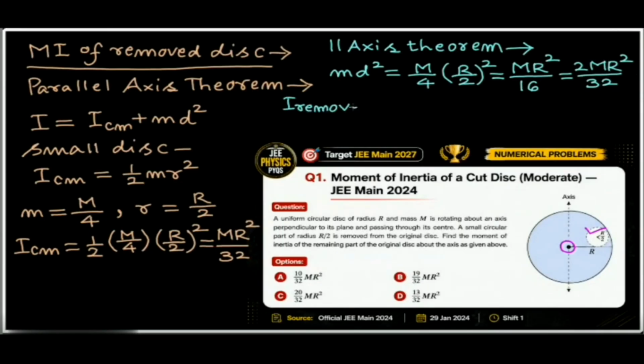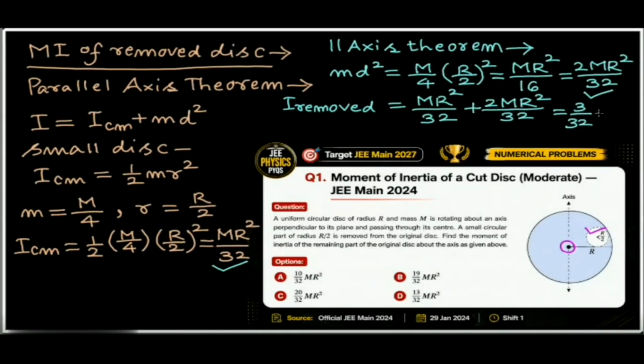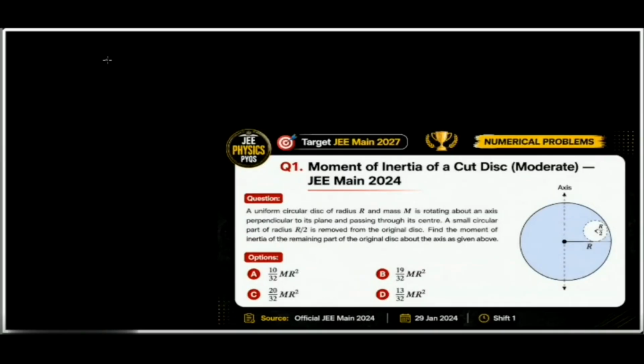Hence, I removed will be this MR square upon 32 plus this 2MR square upon 32, 3 by 32 MR square. Subtraction will give us the final answer. Now simply remove this contribution from the original disk. So, I remaining equals I original minus I removed.